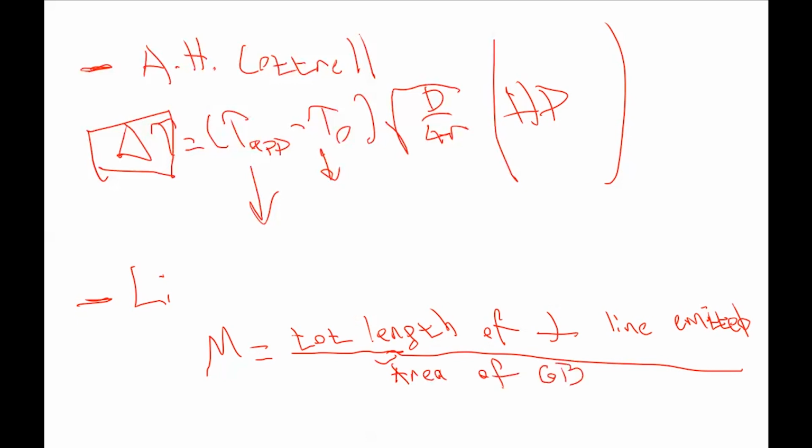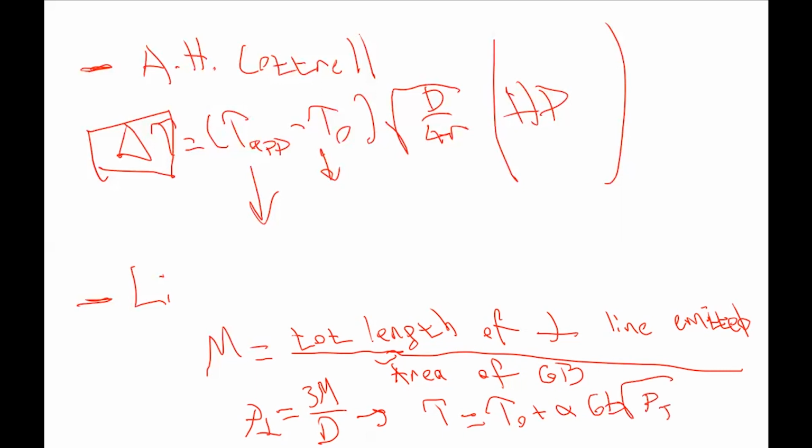And the parameter mu is also related to dislocation density at yielding, via dislocation density is 3 times mu over d, and the rest is the same as the Taylor model. So it's equal to tau 0 plus the same Taylor model. You just put this equation into this, and once you combine this term, you will also see that it is more or less similar to the Hall-Petch relationship.